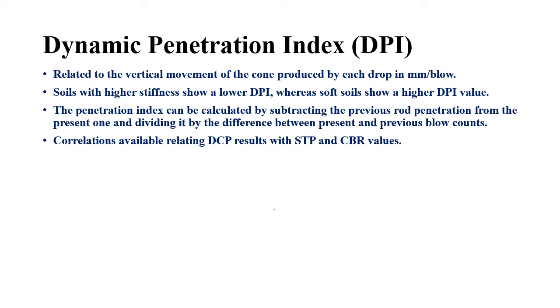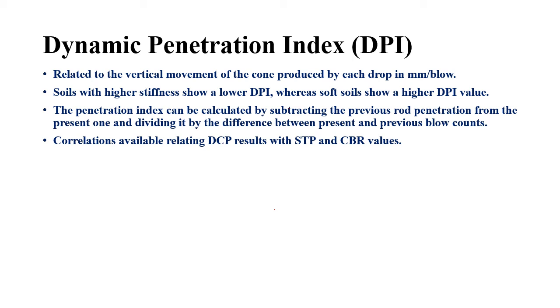Now this index is related to the vertical movement of the cone produced by each drop in mm per blow. Okay, so basically we'll be recording the number of blows for every 10 centimeter penetration at each depth wherever we are conducting the test. Okay, and from those values of blow counts, we will be able to derive this dynamic penetration index.